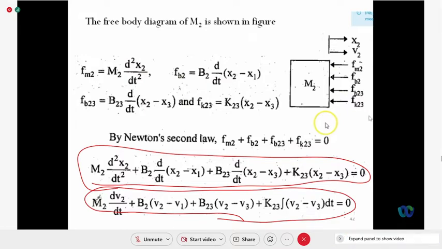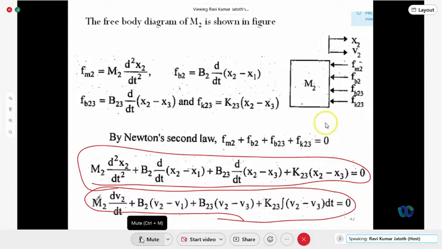Naga Sharat Chandra, K Naga Sharat Chandra. Now tell me, this equivalent K23 into X2 minus, this is what we are getting, no? K23 is equivalent of what? One by C23. C23 means what? It is a capacitance shared between mesh 2 and mesh 3.